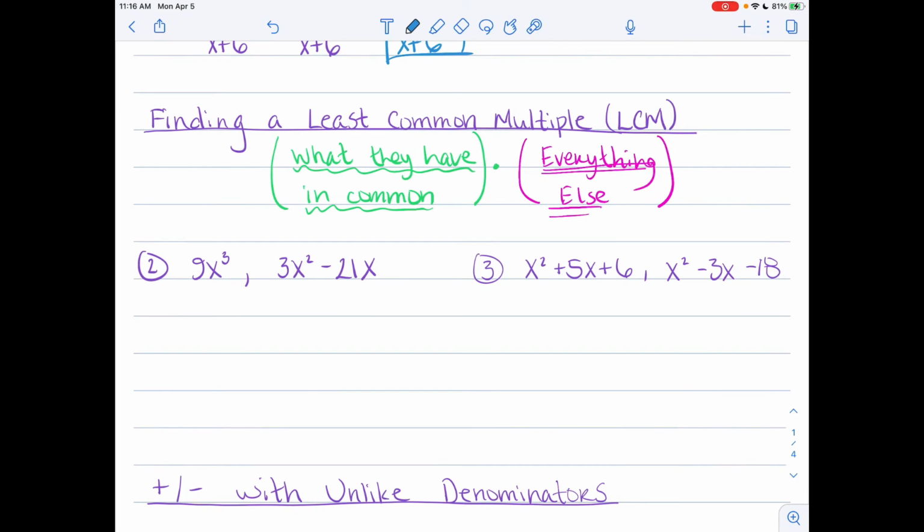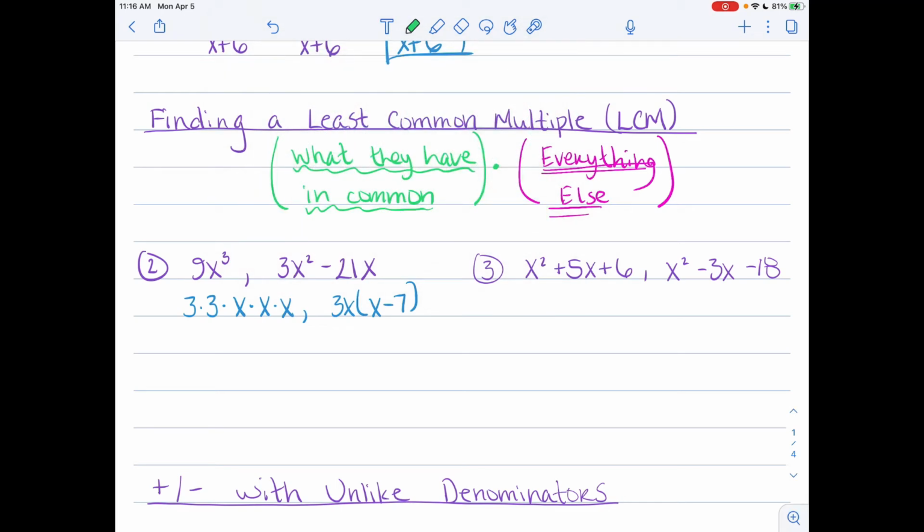So 9x to the third could be rewritten as 3 times 3 and then times 3 x's. 3x squared minus 21x, I see a greatest common factor of 3x, and I'll have an x minus 7. What do these have in common?